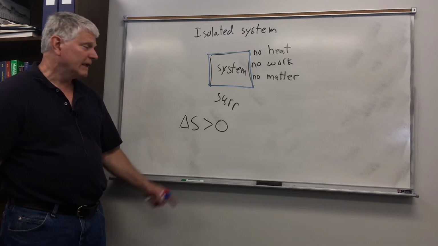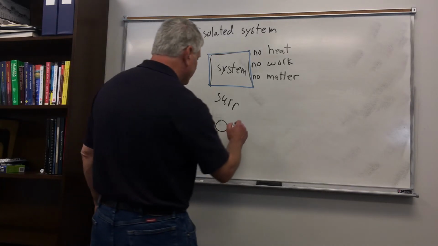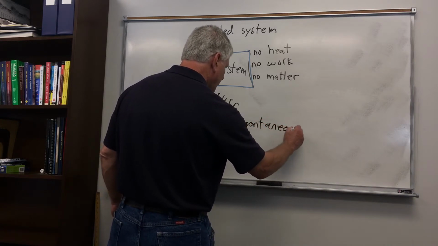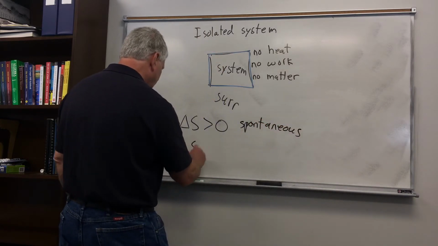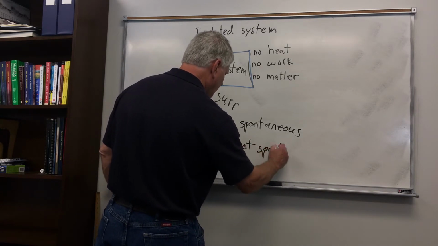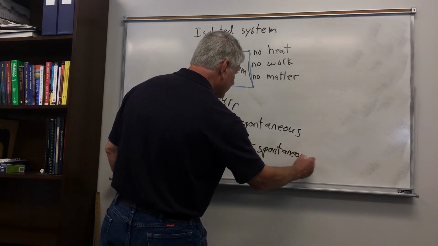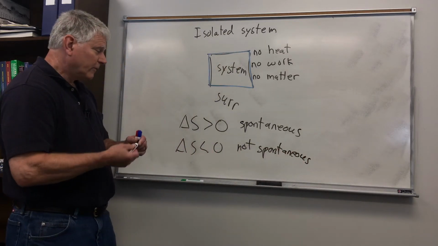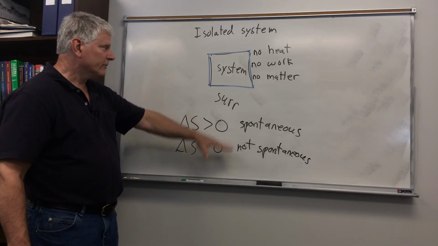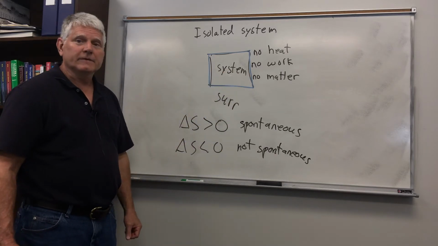If the entropy change is negative, it's not spontaneous. So the entropy gives us a way to predict whether a process is spontaneous or not in an isolated system.